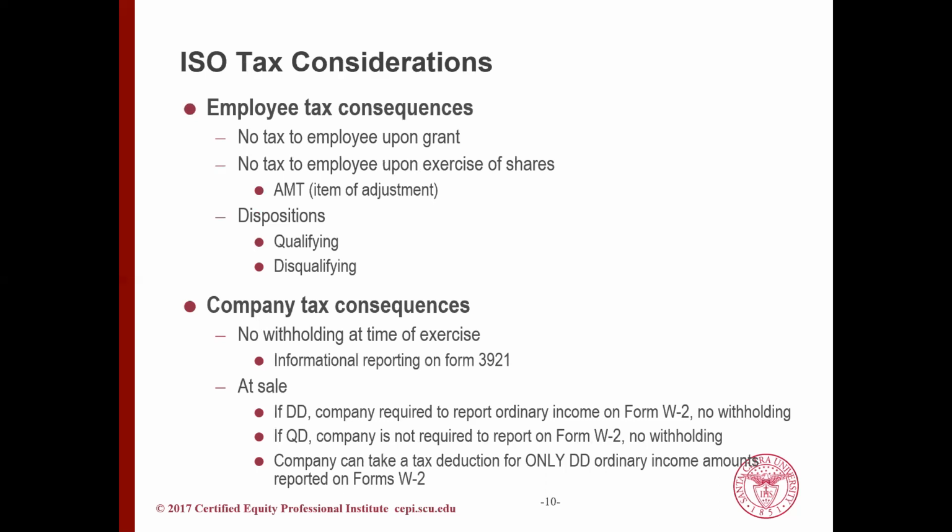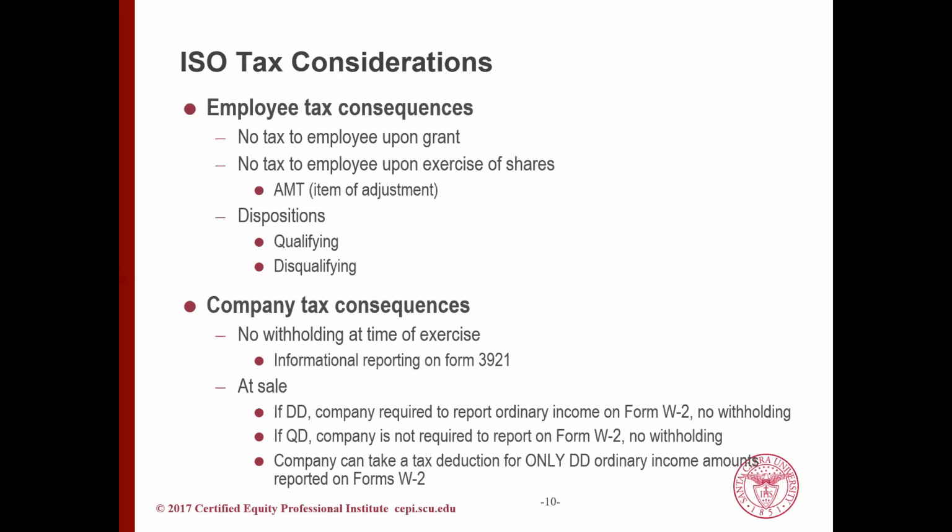As for the company, since there's no tax consequence at the time of exercise, there's no obligation for the company to operate withholding. At the date of sale, if the sale constitutes a disqualifying disposition, the company is required to report ordinary income on the W-2, but is not required to withhold tax.